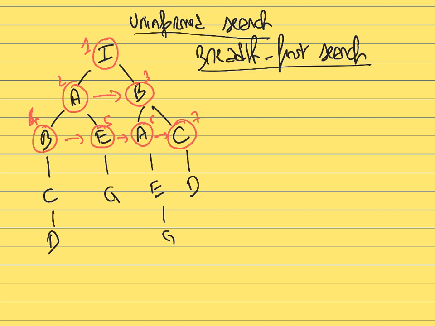So you will go one step further, to this position C. And here at this point, after 9 iterations, you will realize that you have found the goal. So at this point, the algorithm will stop. The search will stop.